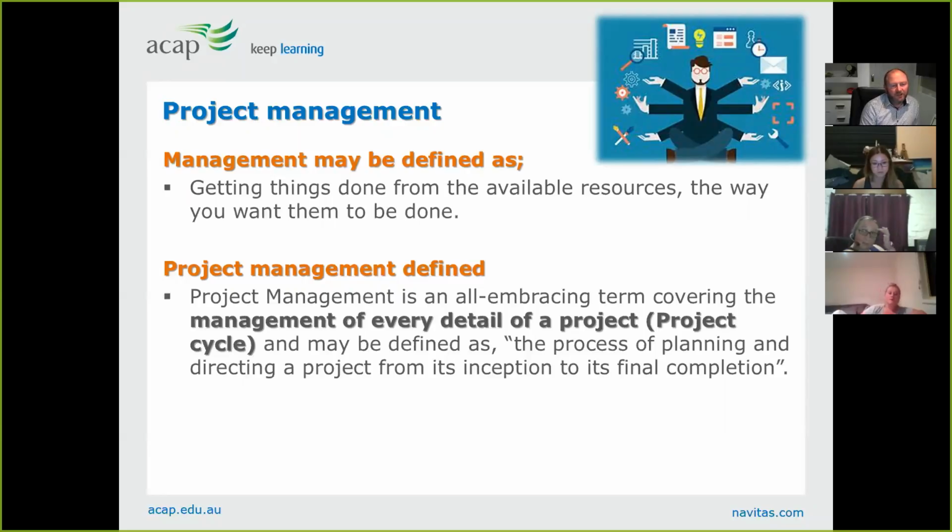So in other words, if you're the project manager, you have to be across everything. An example in my workplace: I'm a project owner, and I have project managers that work for me. I'm not aware of every detail, but the project manager will come to me and I'll be asking them what's going on here, what's going on there, what's happening here.